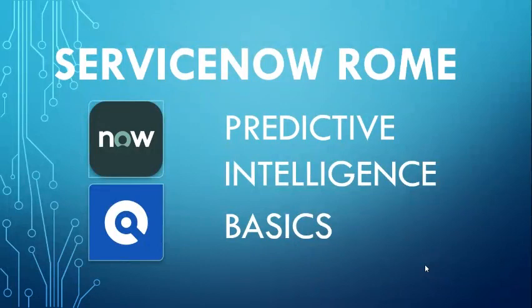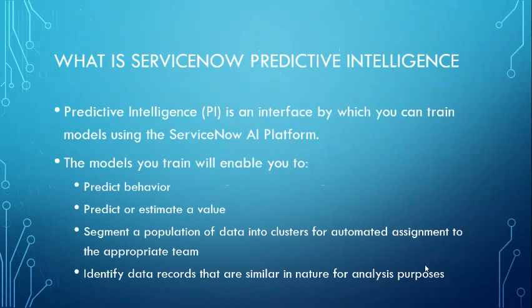Today we're going to talk about some basics of predictive intelligence. Let me tell you that this is not going to be an implementation video. We'll just see what ServiceNow has to offer for predictive intelligence. Well, as we know, predictive intelligence is a product or interface by which we can train models, which uses, of course, ServiceNow data that's hosted on the ServiceNow AI platform.